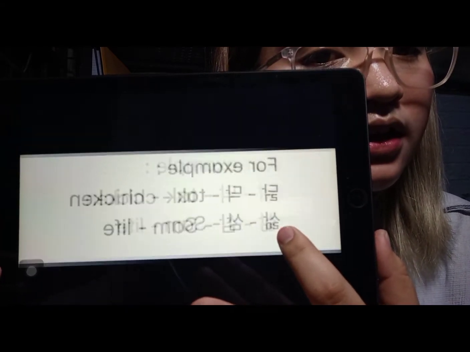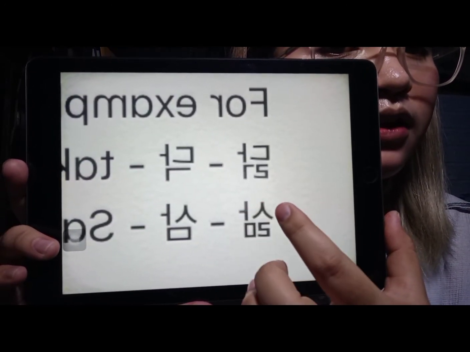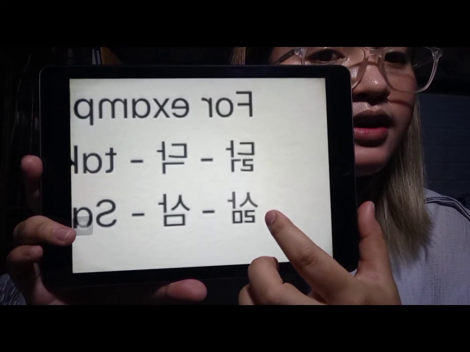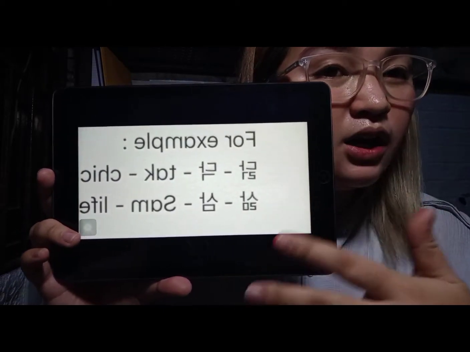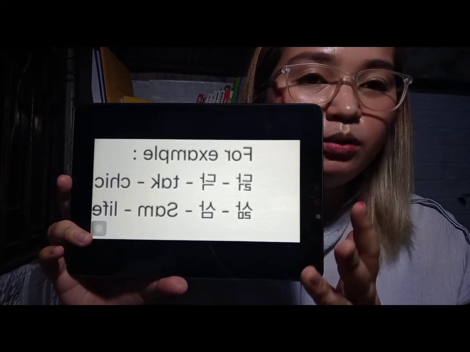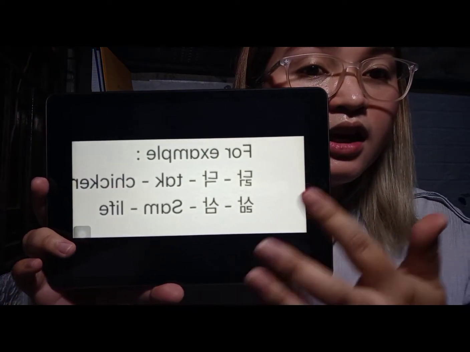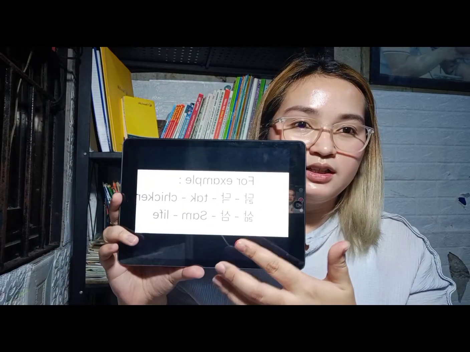So, ayan, ganyan. Ito lang yung binasa. Itong tatlong letter lang. Naging silent letter yung first consonant. So, yun yung pagkakaiba dun sa mga naunang final double consonants. Silang dalawa, yung rule nila is babasahin o ipopronounce yung pangalawang letter. Hindi katulad dun sa mga nauna.